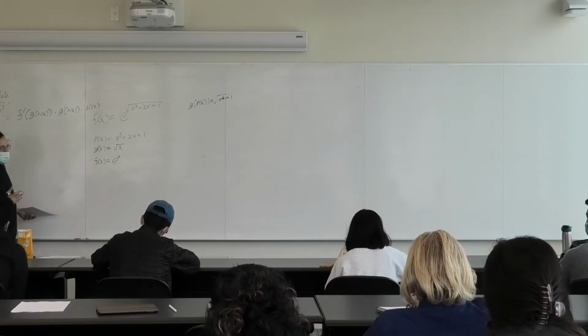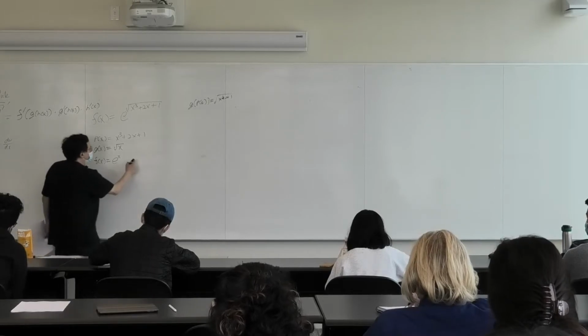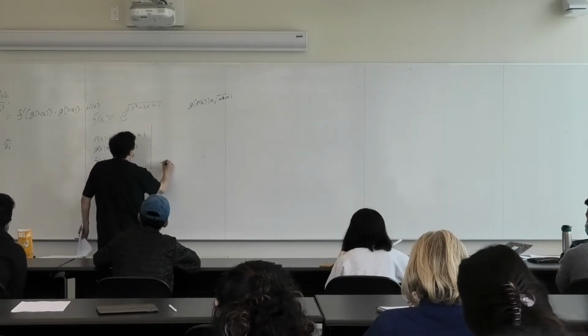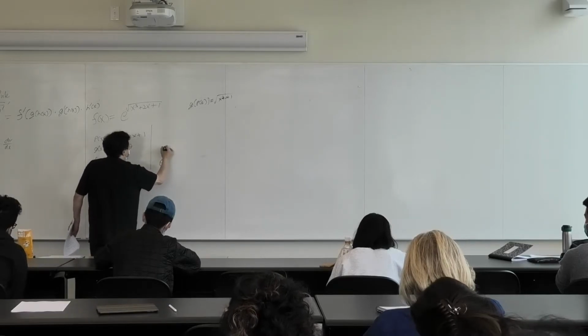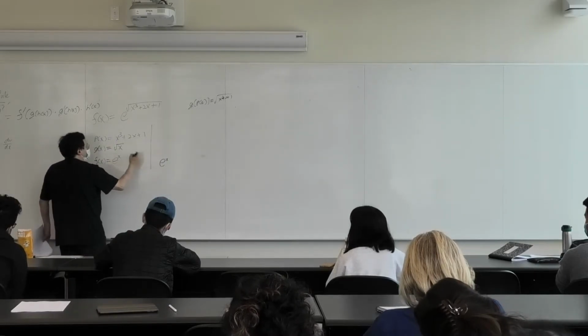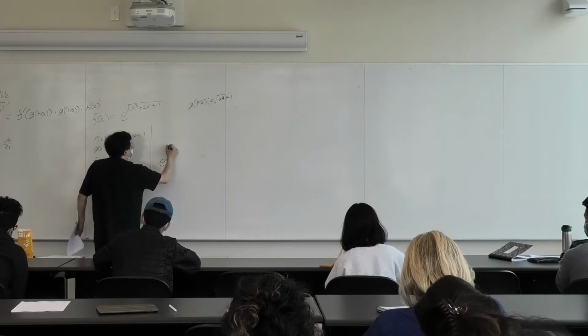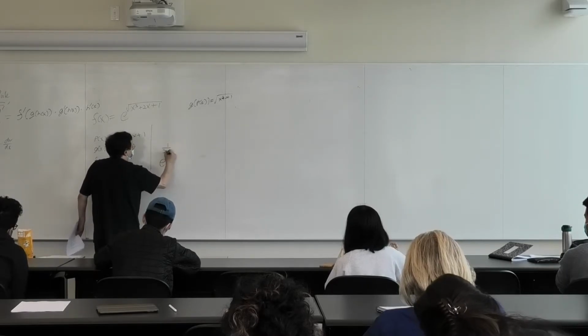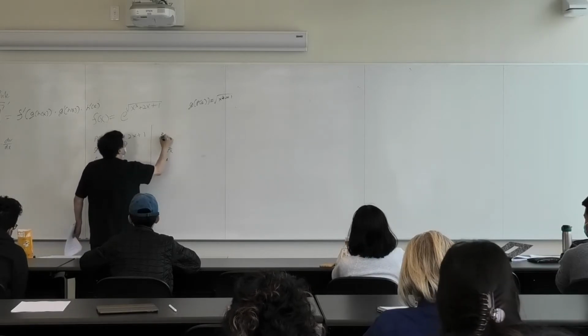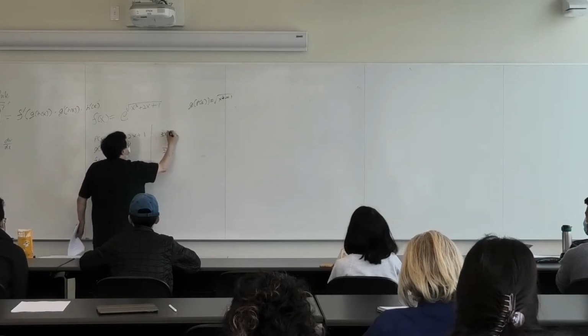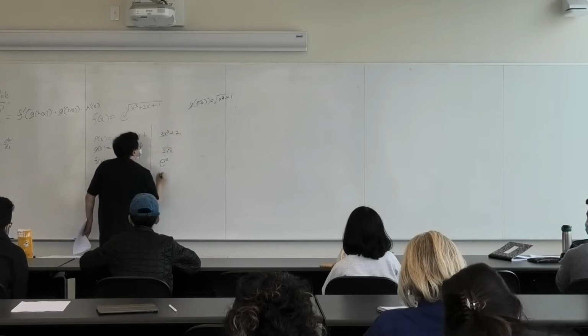So we have to find each of these derivatives. This one is going to be e to the x. This is 1 over 2 square root of x. And this is a polynomial with the power rule, plus 2.